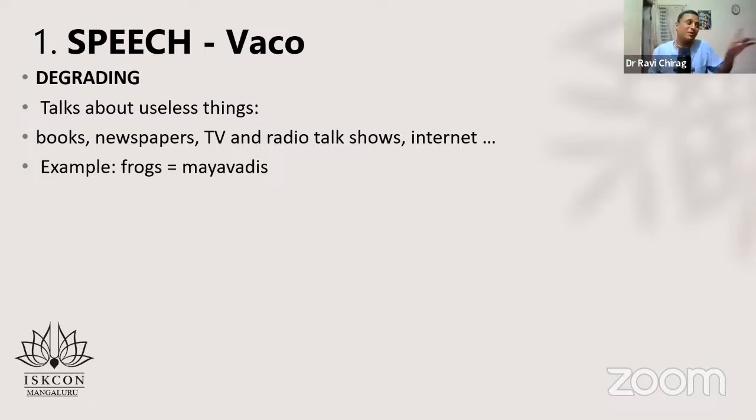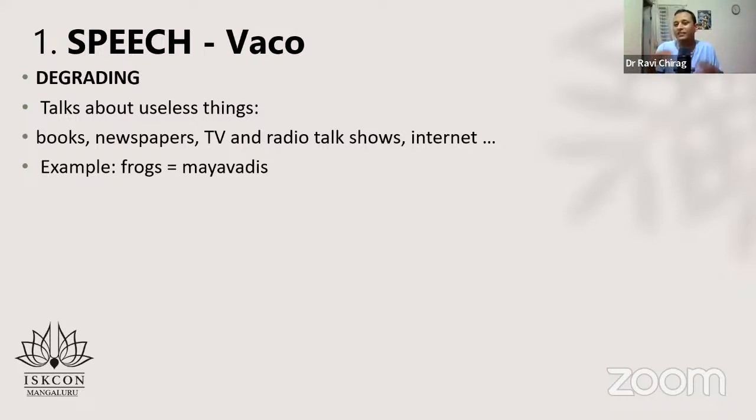Snakes will come and know, oh, here is the frog. The sound attracts the snake, and the snake will come and eat the frog. That is called degrading. One speech is like saying nothing is happening, but degrading means it is creating problems.